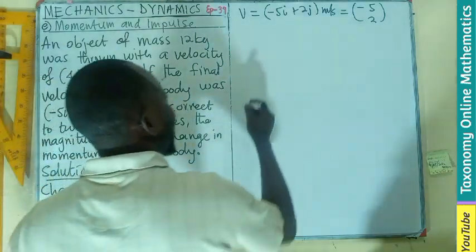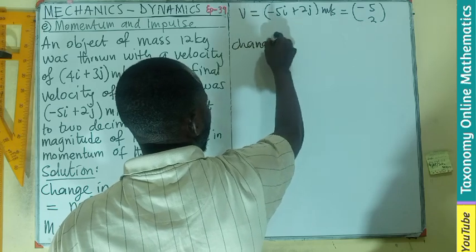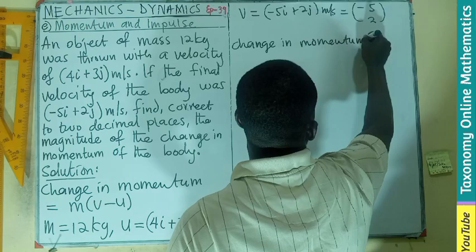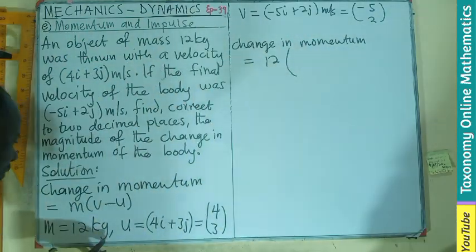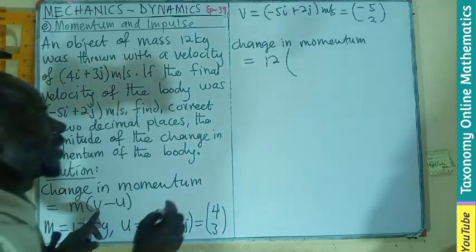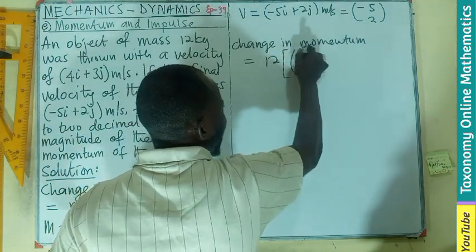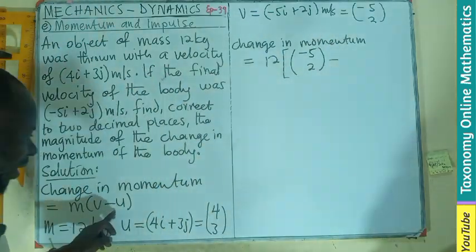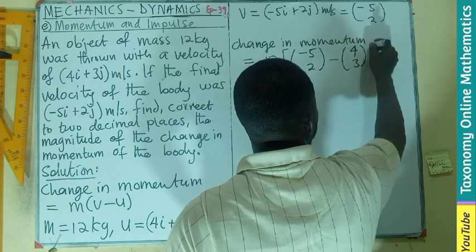So we can make use of that by substitution. Still using change in momentum, which is equal to the mass of the body times the final velocity, negative 5 and 2, minus the initial velocity, 4 and 3.